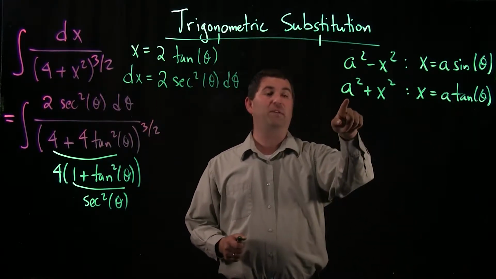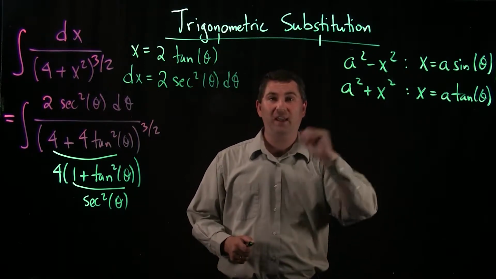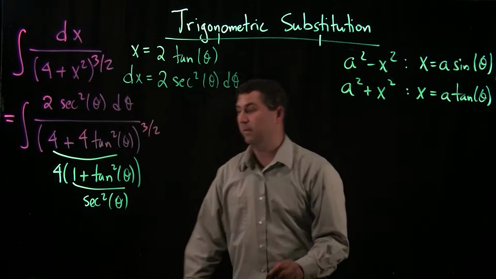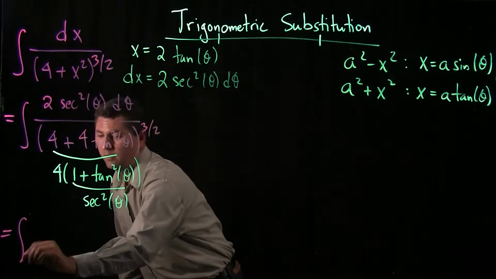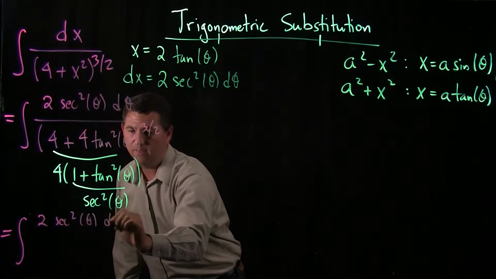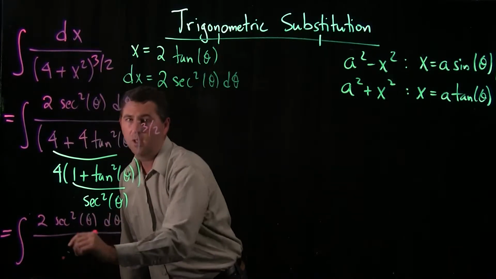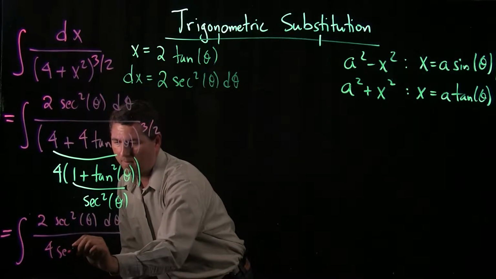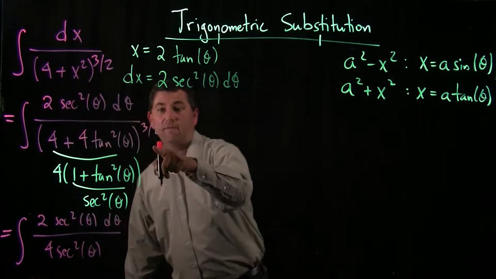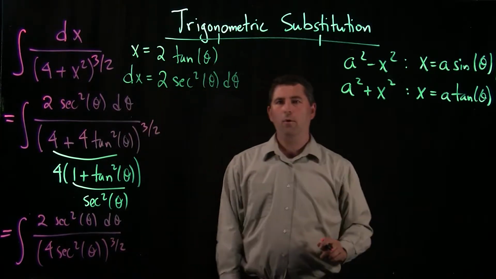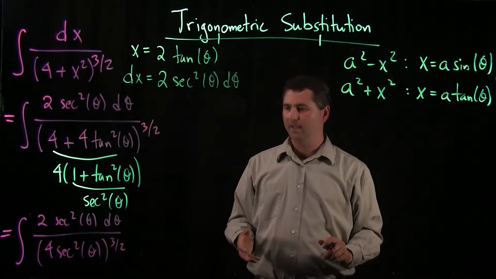Once we do it, we're always going to get a squared secant squared theta. Okay, so now we can do a little bit of simplification. So I have 2 secant squared theta d theta over 4 secant squared theta. But we can't forget we have a 3/2 power. Okay, this is actually going to be really, really nice.